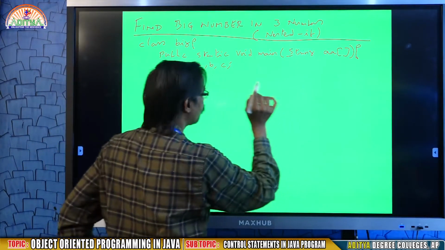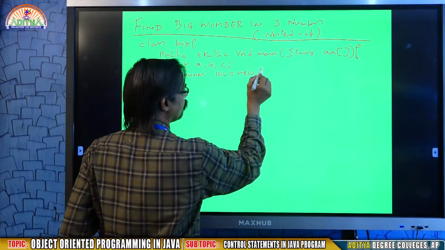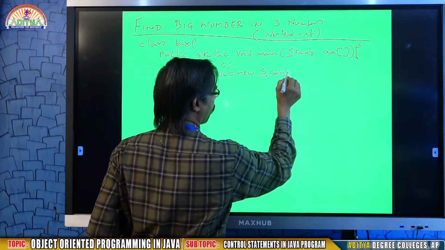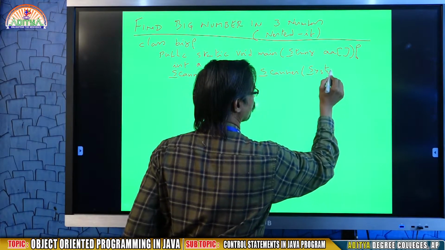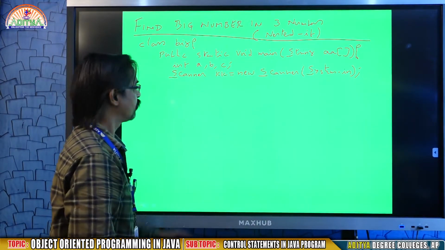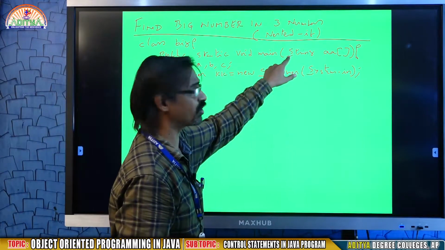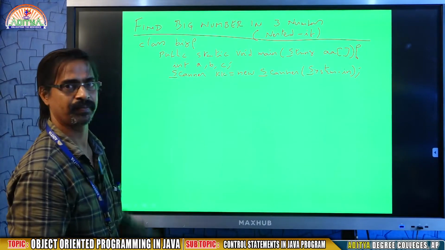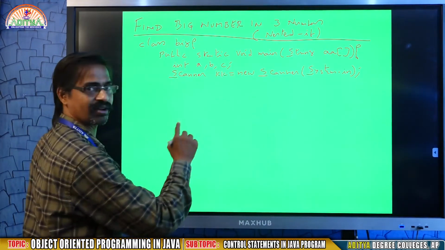I am taking KK equal to new Scanner of System.in. Here S must be capital, in Scanner and System, which is why I underlined them. I imported the Scanner object from the Scanner class.